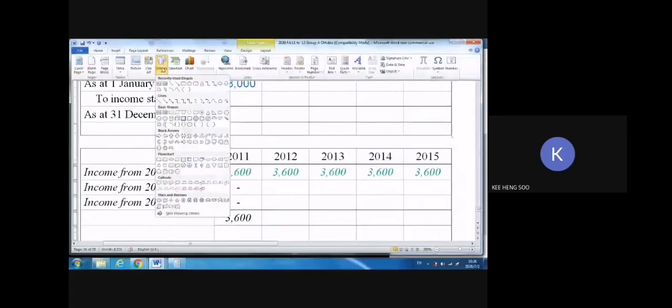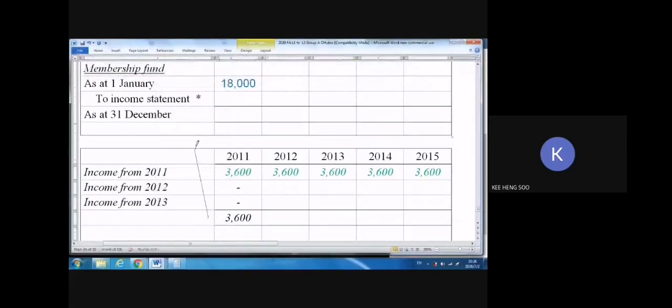The PPL transfer from here to here, $3,600. So you can get 14,400. Are you okay up to here?